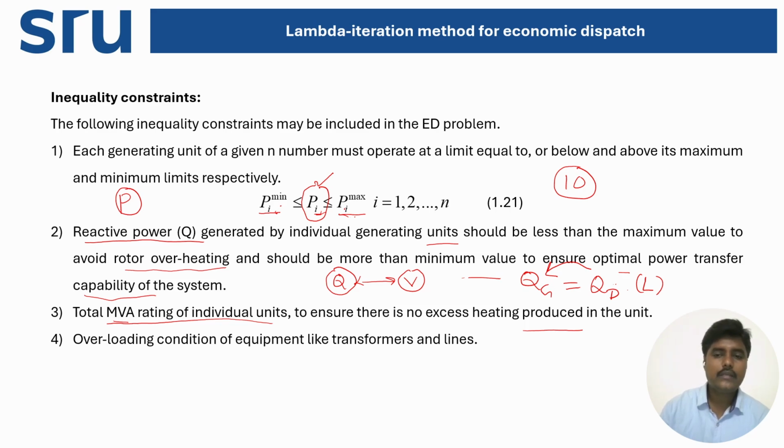If we operate any one transformer beyond its kVA rating, then obviously the temperature rise will increase. So regarding overloading of equipment like transformers and lines, you have to ensure that no line or transformer in the power system is overloaded. They can operate within their maximum limits only.